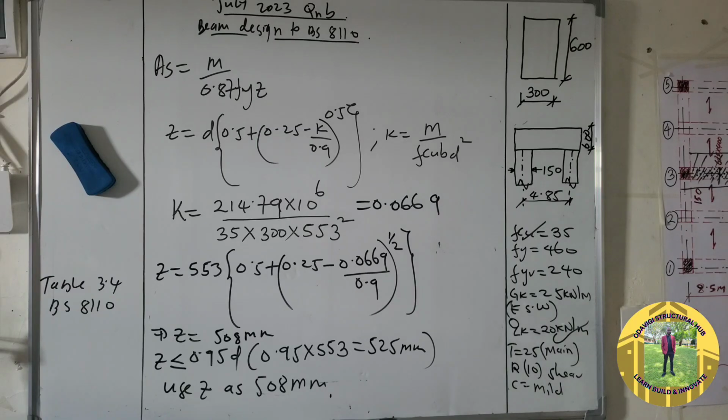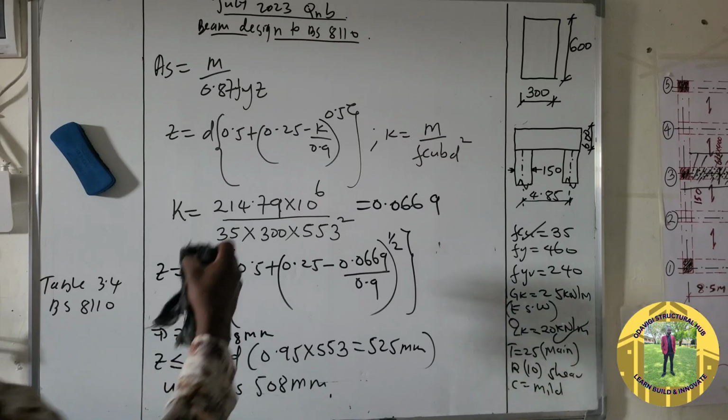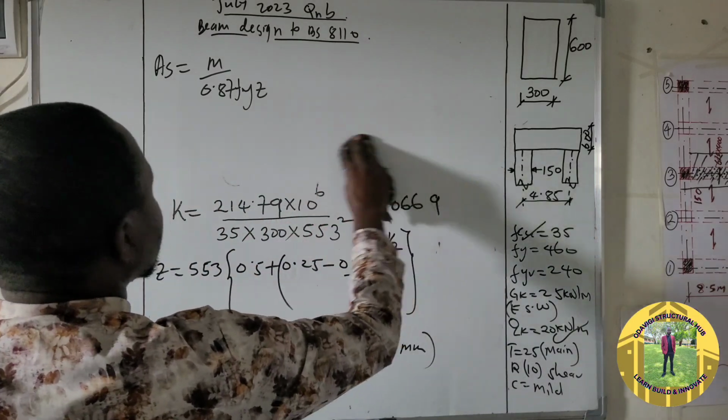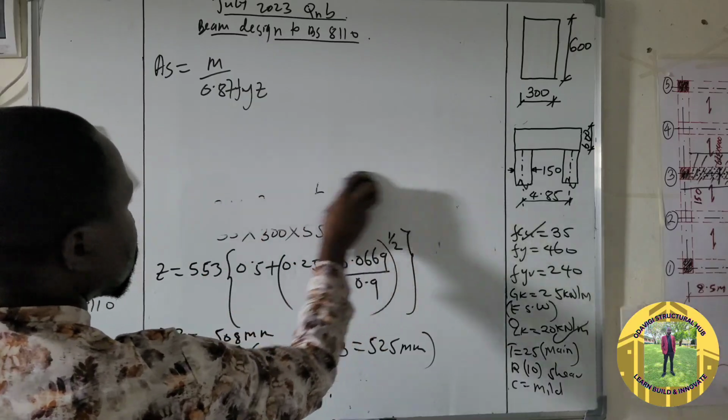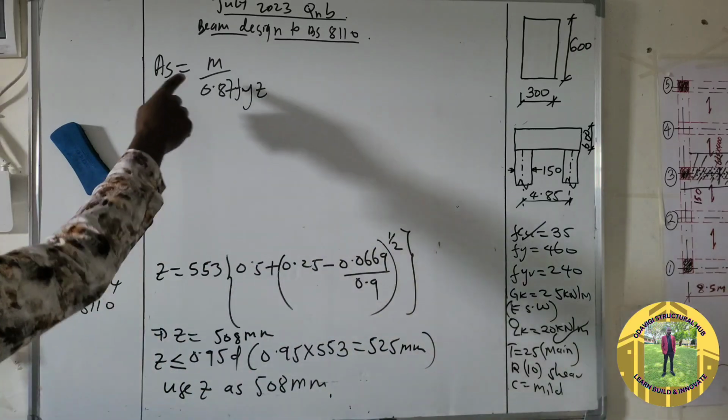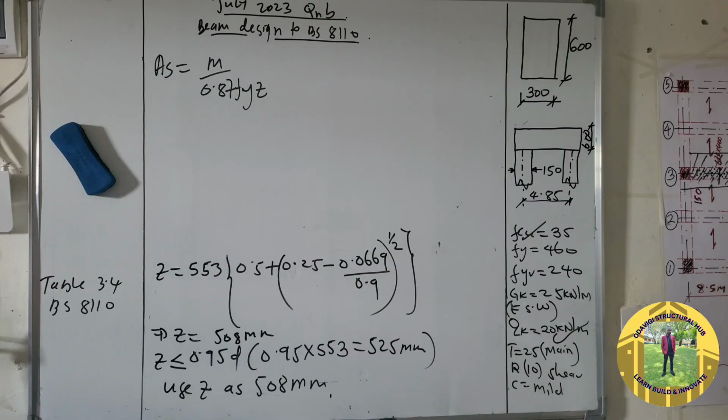We now proceed to the area of steel. So this is the formula for the area of steel.